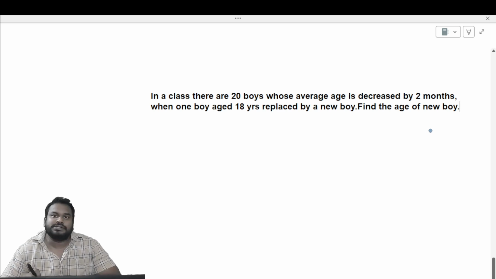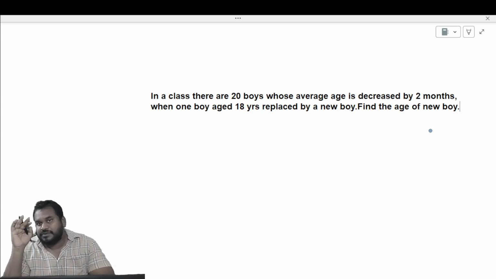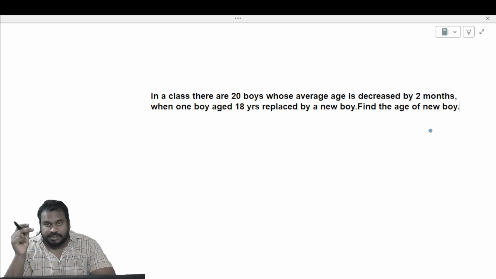Find the age of the new boy. See, there was some average when there were 20 boys. Among those 20 boys, one boy left, another boy entered. So the number of boys is not changing, it is 20 only, before and after.